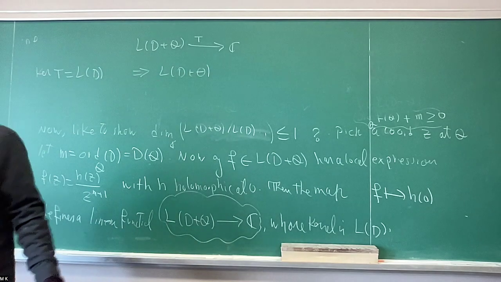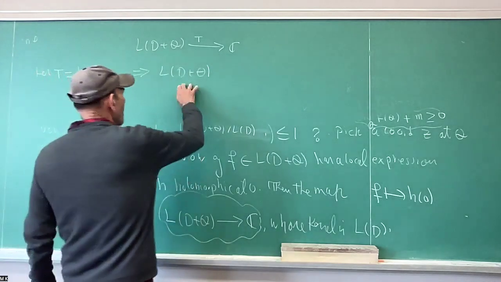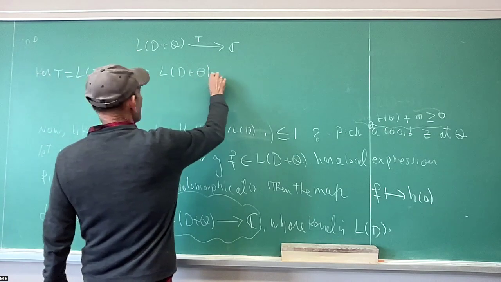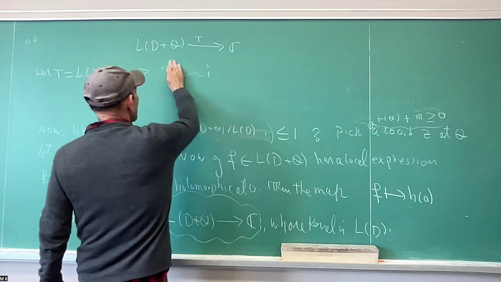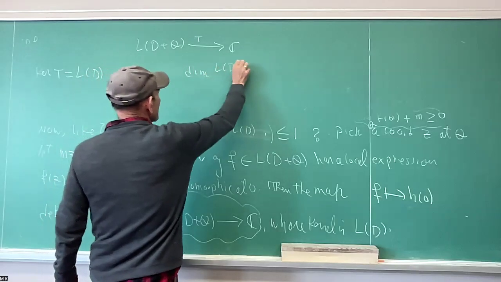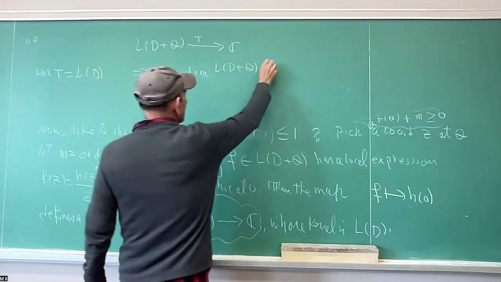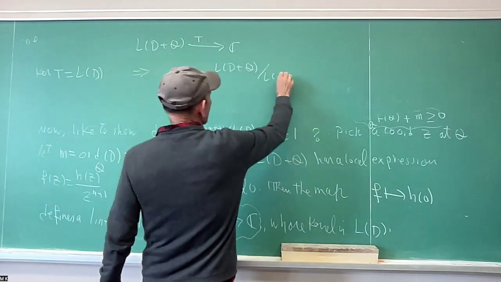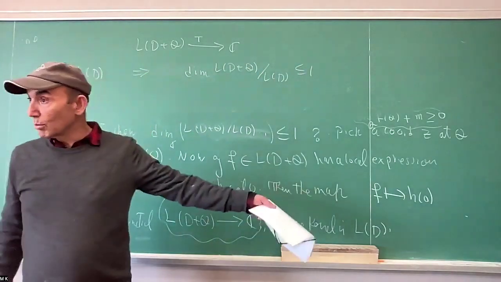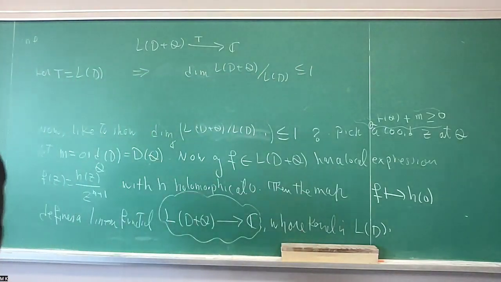This is simple linear algebra, right? It means that the dimension of L of D plus Q divided by L of D is less than or equal to 1. It could be that the map is actually 0. In that case the kernel is everything, so the codimension is 0. Or it could be codimension 1. That's it.